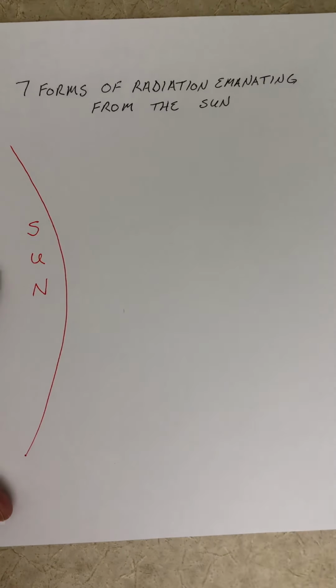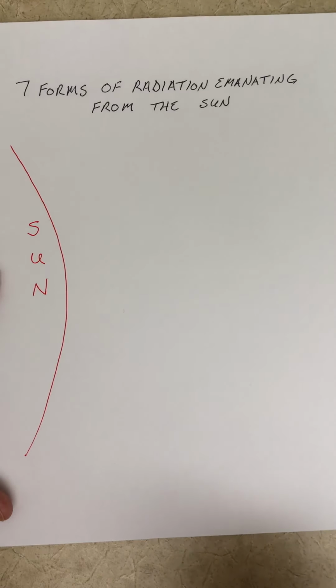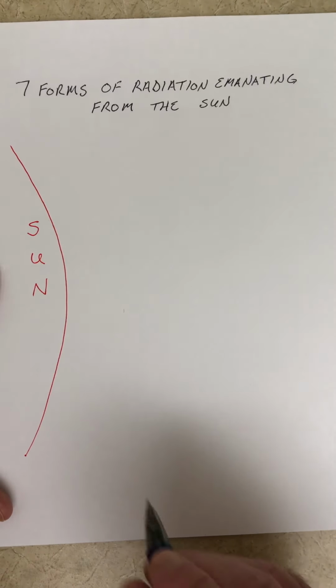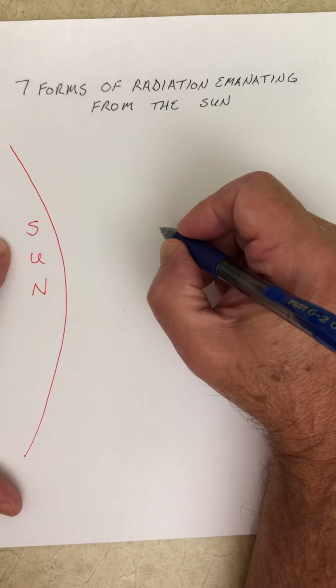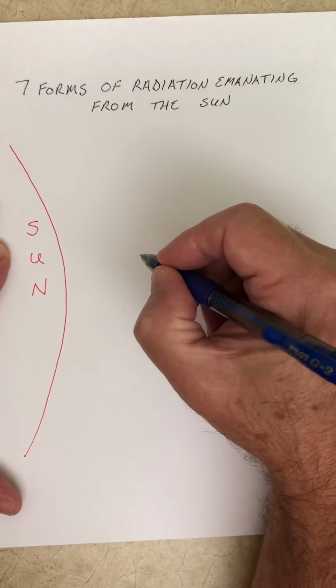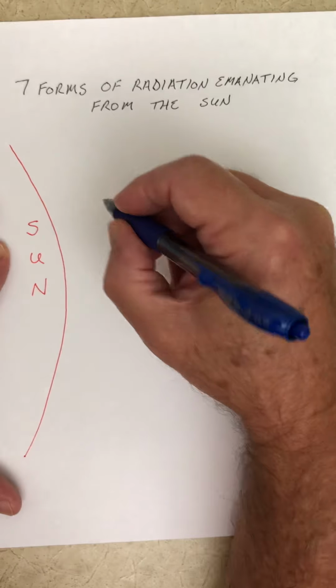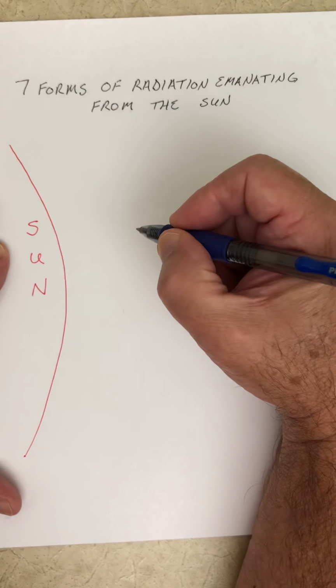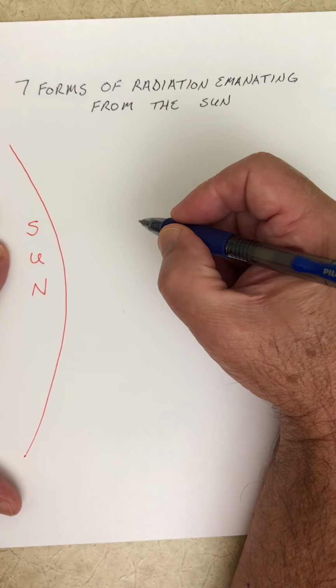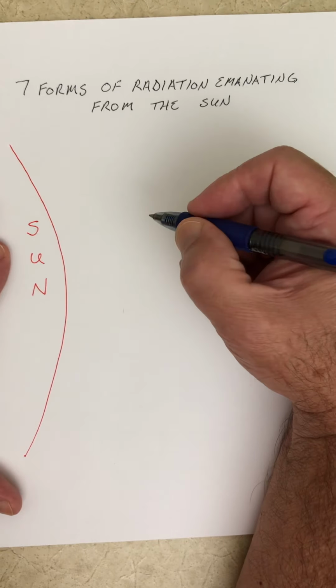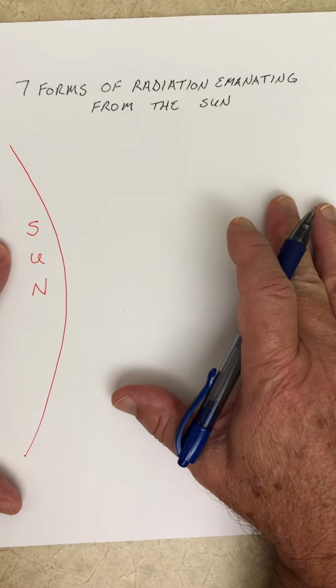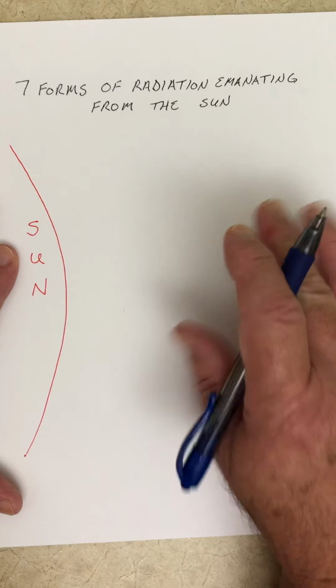And so I'm going to be very careful about how I draw this. Okay, so if you're drawing along too, be aware of what it is I'm trying to show you here. So the sun emits 7 forms of radiation. In science, we know of 7 forms of radiation, and the sun emits all 7 forms.